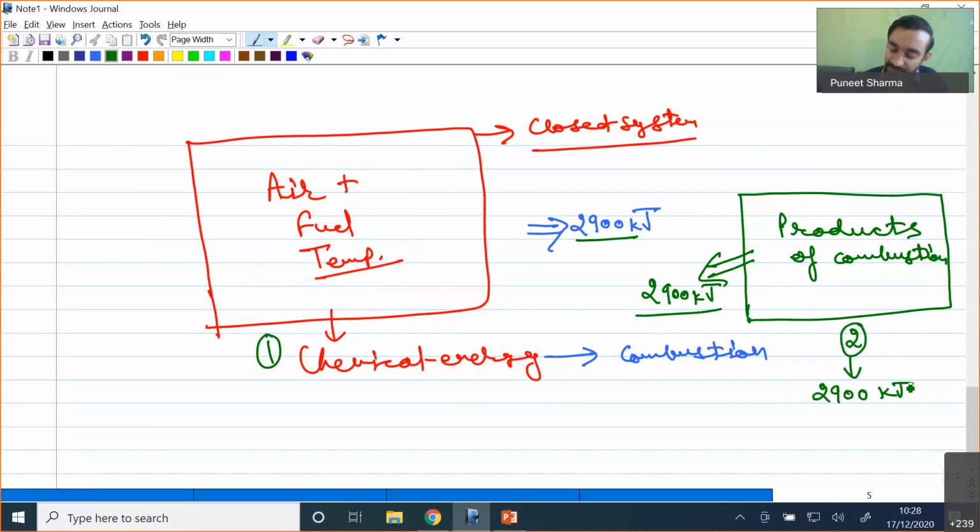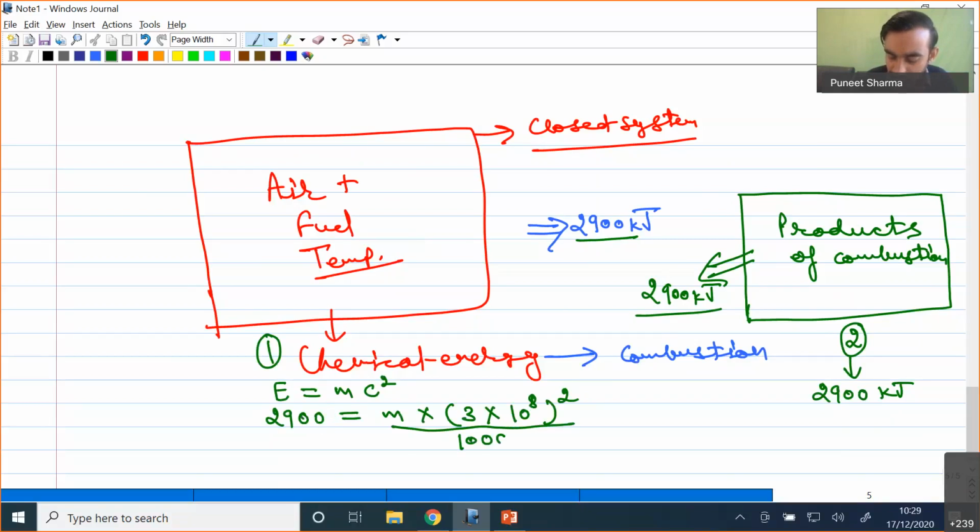Now if it has a loss of energy, obviously this system will have a certain loss of mass also. So let us estimate how much mass loss we are having. We know E equals mc squared. So I can write 2900 equals mass times c squared, where c is the speed of light in vacuum, 3 times 10 to the power 8, whole squared. Since I am writing energy in kilojoule, I have to divide by 1000.